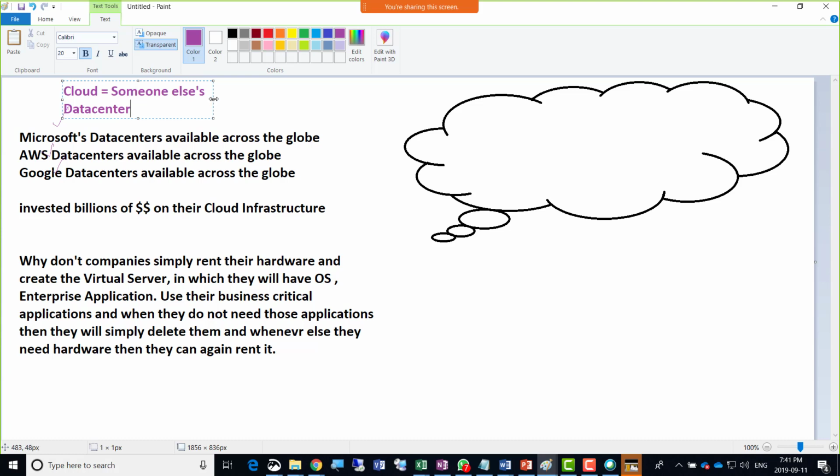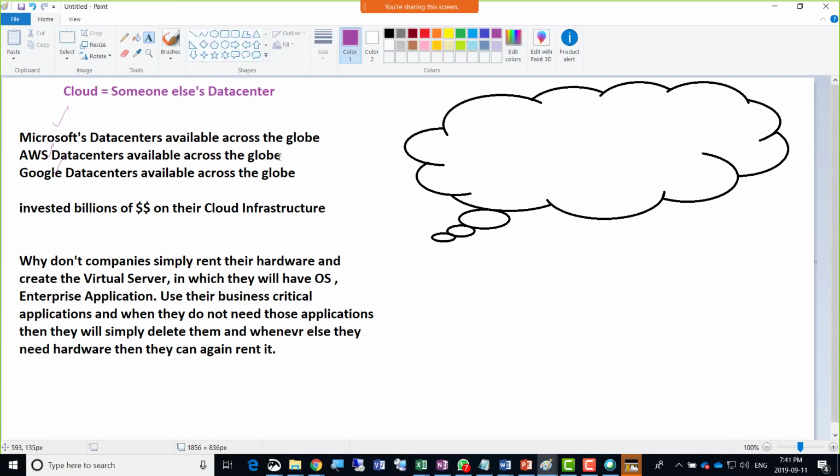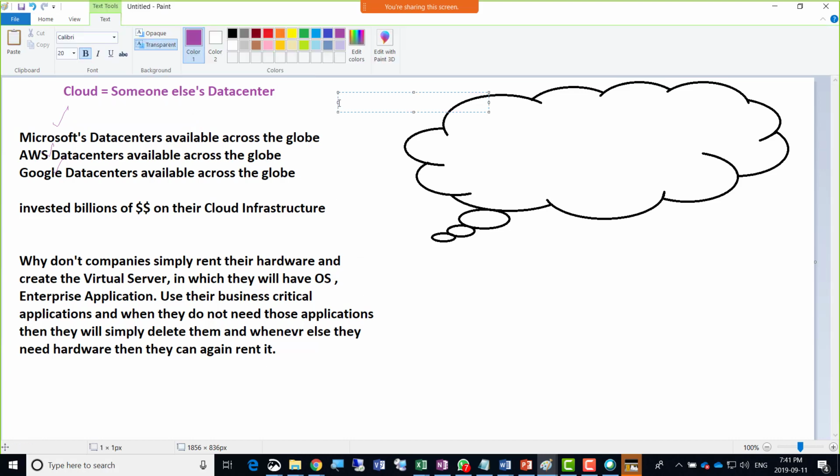So why is this a big deal? The big deal is obviously that companies are saving huge money if they use cloud. Companies are saving huge money by renting the hardware of these vendors. Which vendors? Microsoft, AWS, Google, right?